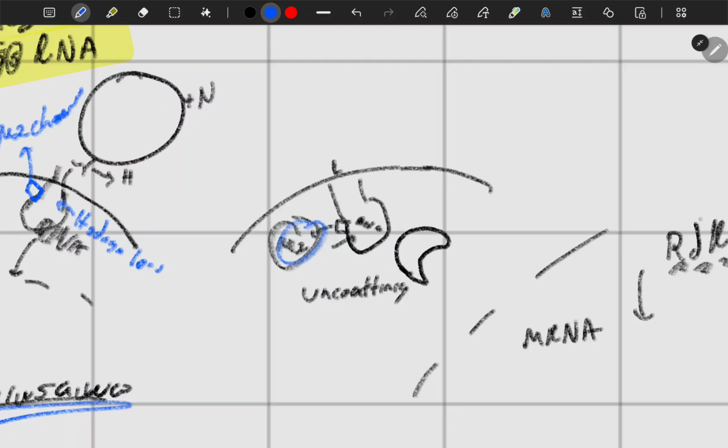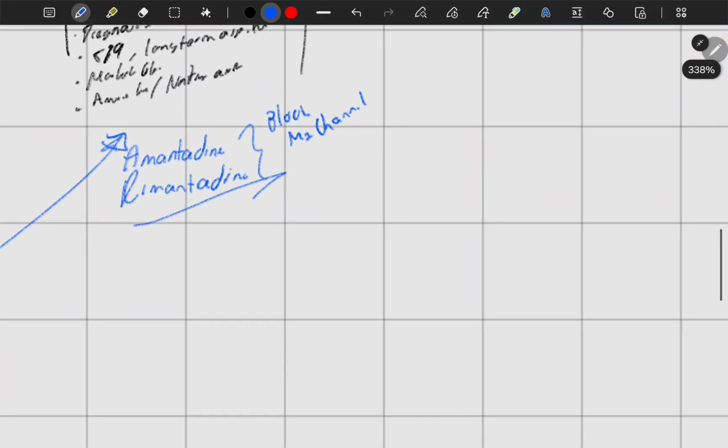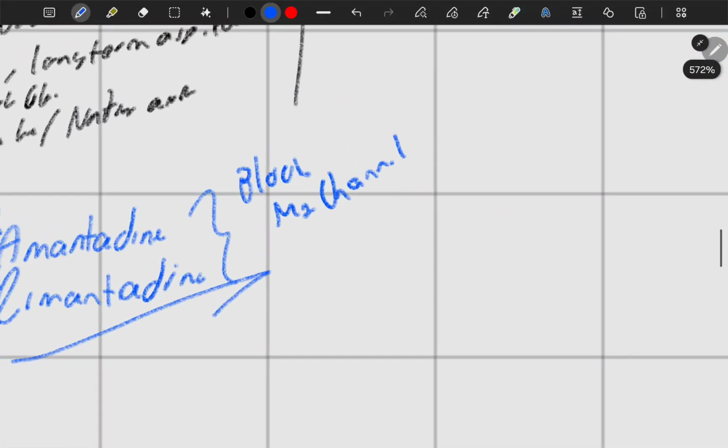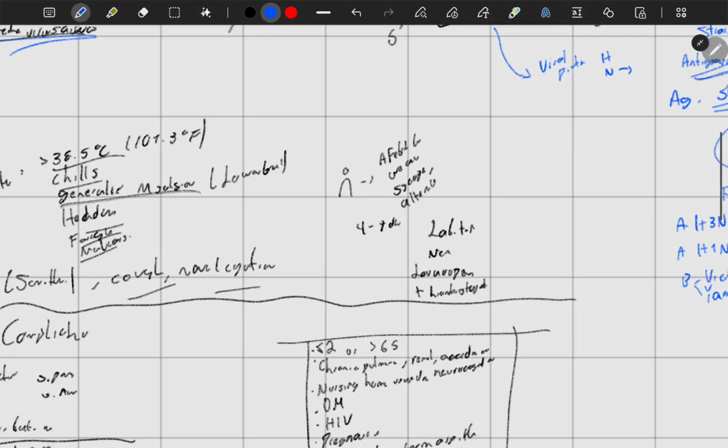This M2 protein channel is necessary for influenza uncoating in the acidic endosome. However, widespread resistance among most seasonal strains of influenza A has rendered these drugs largely obsolete. I'm talking about amantadine and rimantadine. But we have to consider the mechanism: they block the M2 channel.